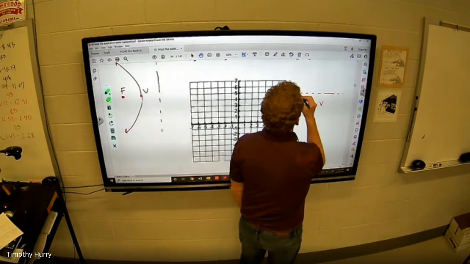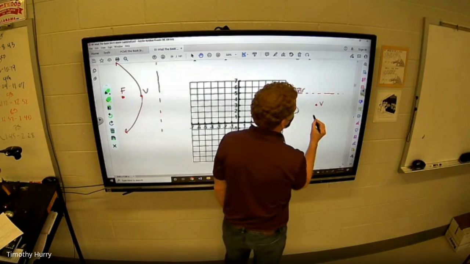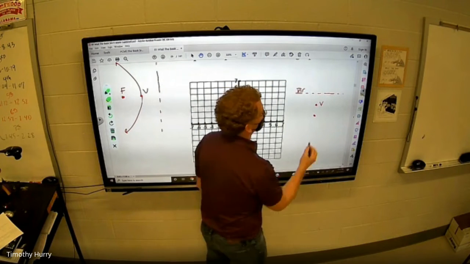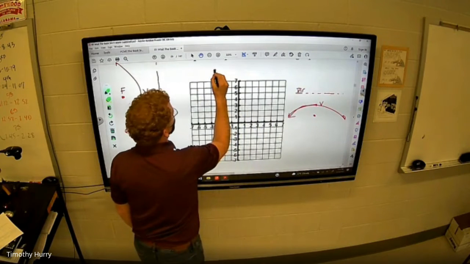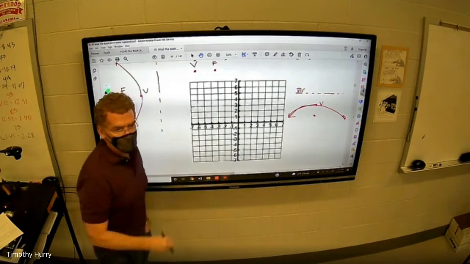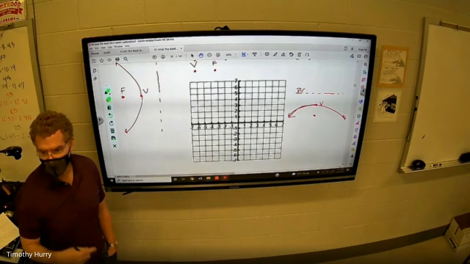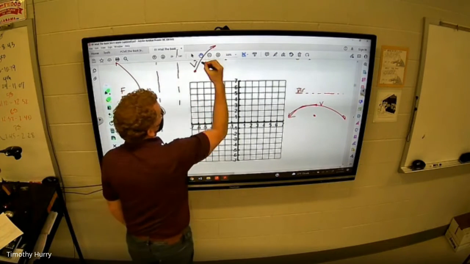Where would the focus be? Below. And if that's the focus, which way am I going? Down. Okay. What if I told you this is the focus and that's the vertex? Which way am I going? To the right, because the vertex is in the middle. So we have to be going that way.